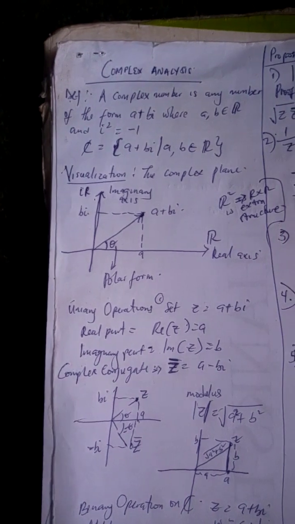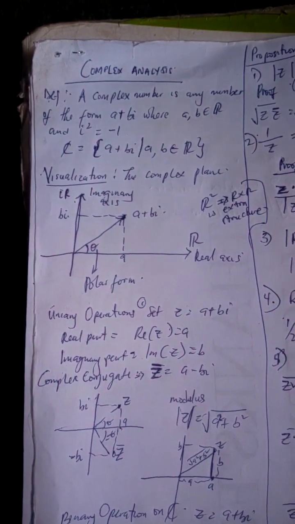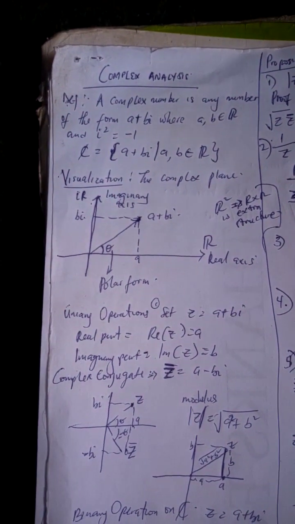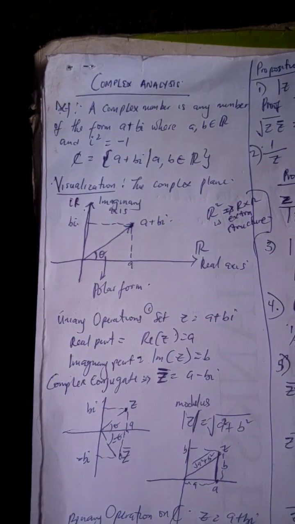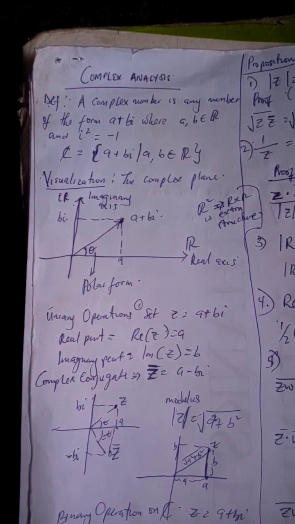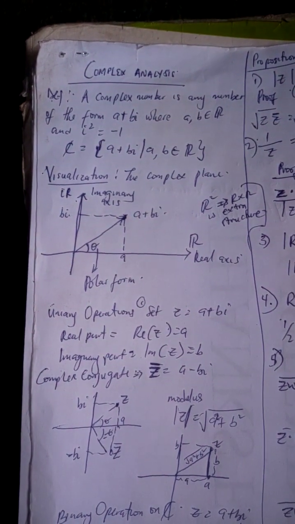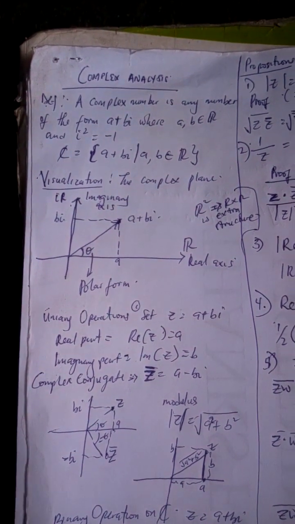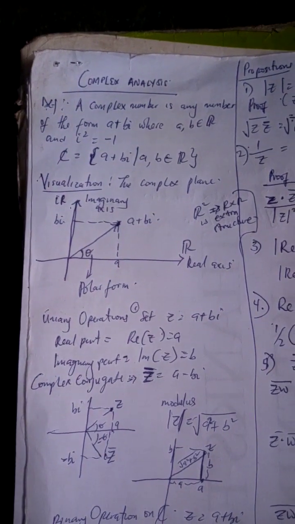And you have theta, which is the polar form you have there. This is already self-explanatory, so I don't really need to do much on this. This is how the graph looks.